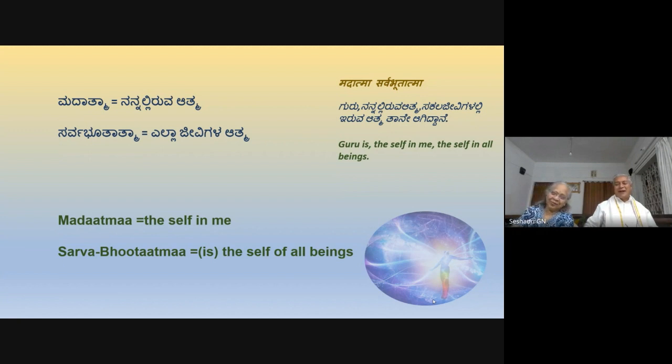There is no separate Atma in that small ant, and the Atma in the elephant, there is no big Atma there and small Atma. Careful, careful. There is no separate Karnataka Atma, Tamil Nadu Atma, or German Atma, American Atma.